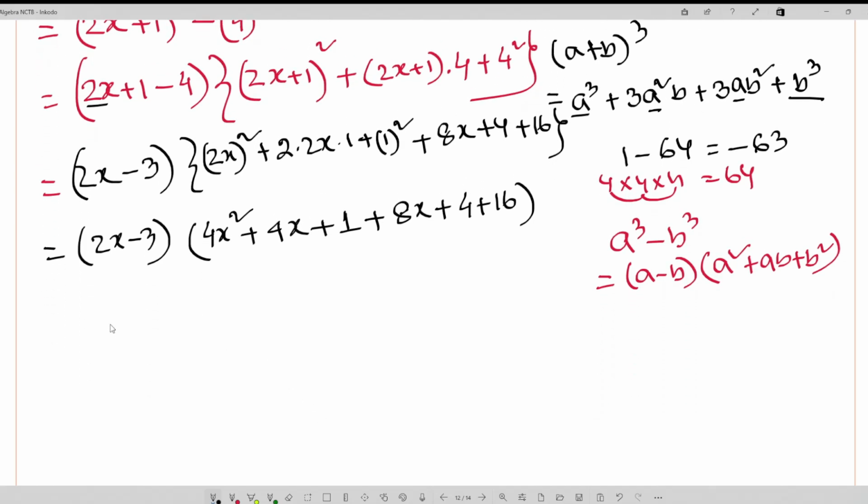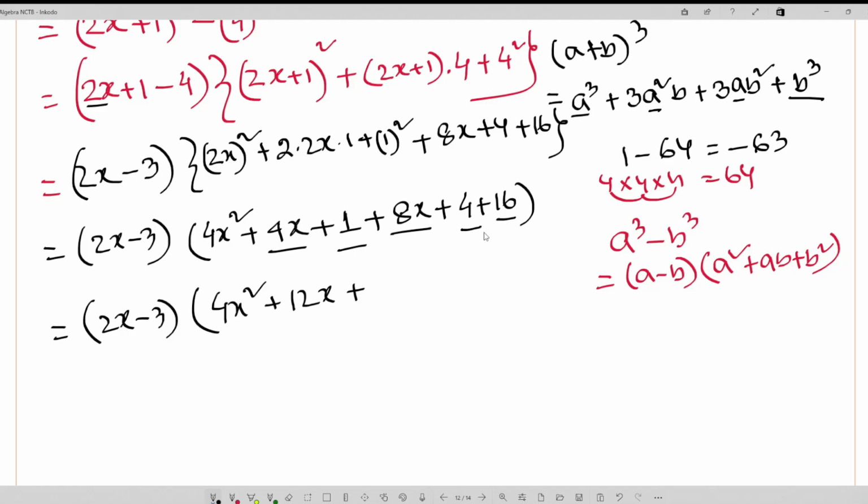Now in total, after arranging we will get 4x square plus 4x plus 8x is 12x, plus 1 plus 4 plus 16. So 16 plus 4 is 20, 20 plus 1 is 21, and this is our answer.